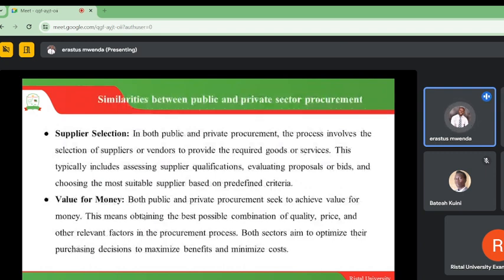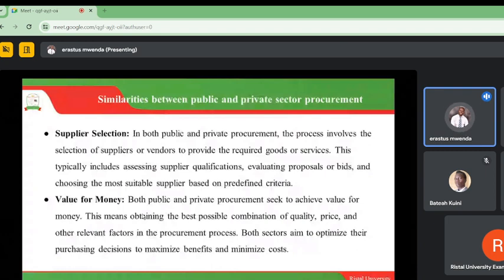Another similarity is in regards to value for money, and we are saying in both we seek to achieve value for money. This is going to mean that we get the best in terms of quality, price, and other relevant factors in the procurement process. So both private and public, we can also say that they are seeking to get the best service or good at the least amount that they can be able to get it.